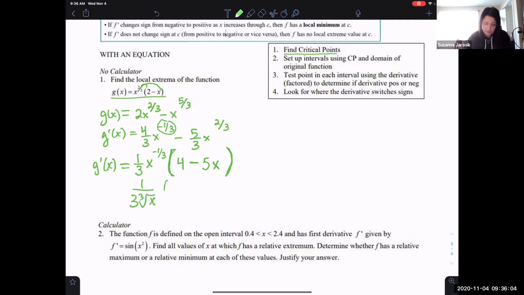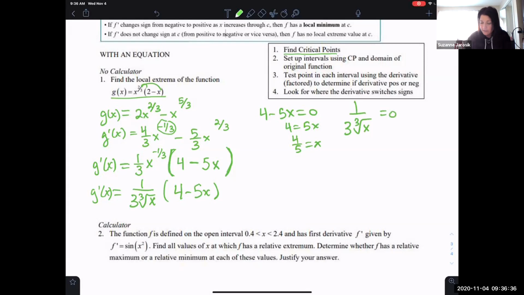And I'm doing that for purposes of critical points. Remember, it is where you are either undefined or equal to 0. So for equal to 0, 4 minus 5x equals 0, 4 equals 5x, would give us a critical point of 4/5. And it's not going to equal 0, but guess what?